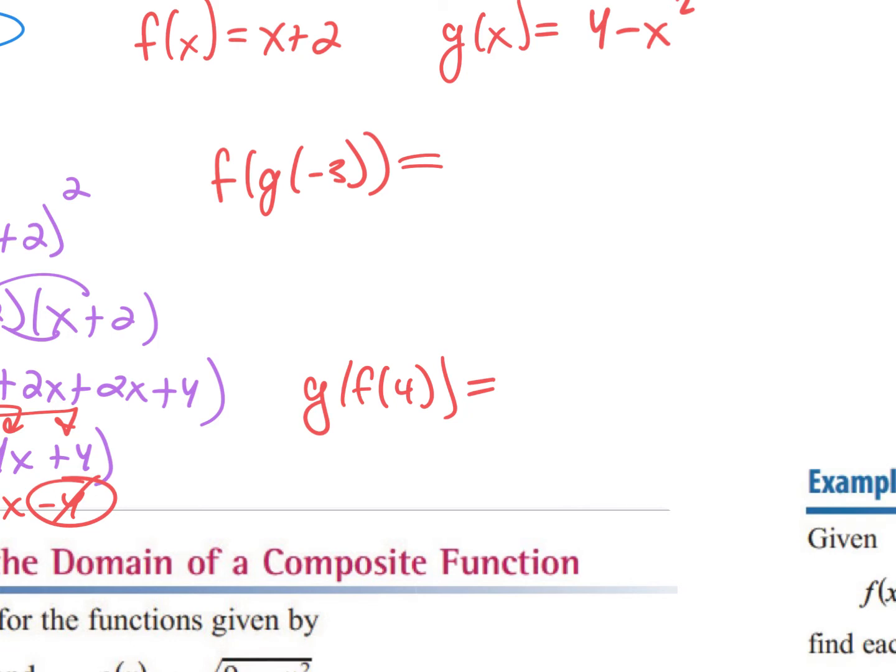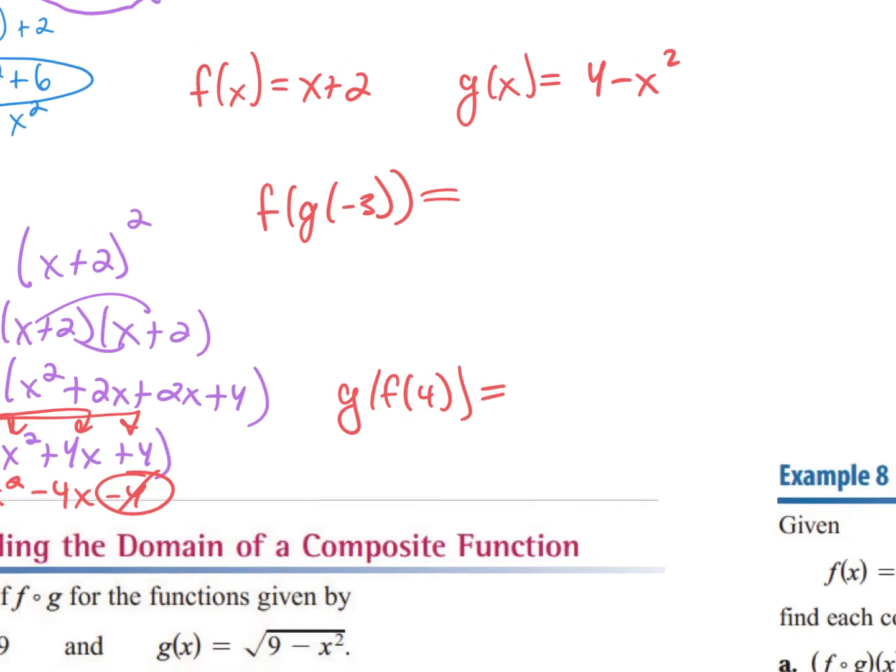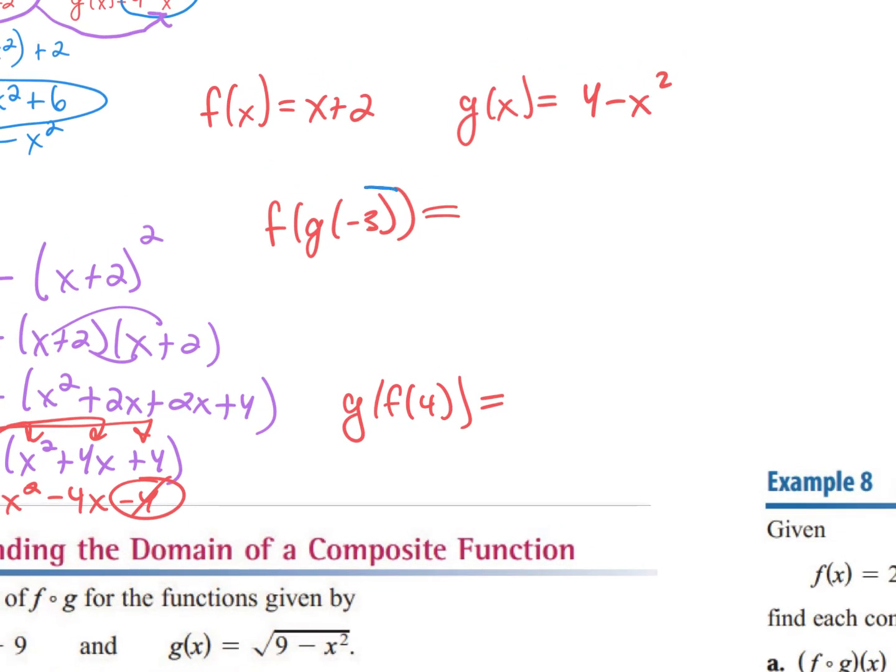Okay, how is this different? I have a value. We're going to do the exact same thing that we just did a second ago. We're going to work from the inside out. So what we're going to do first, guys, what do you think we're going to do? We're going to take negative 3 and plug it into the g function.